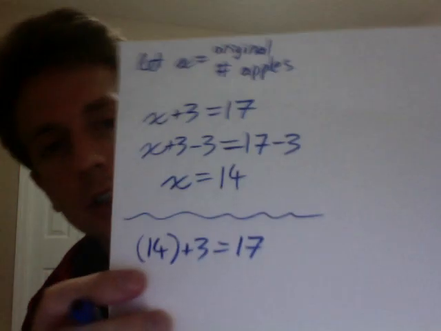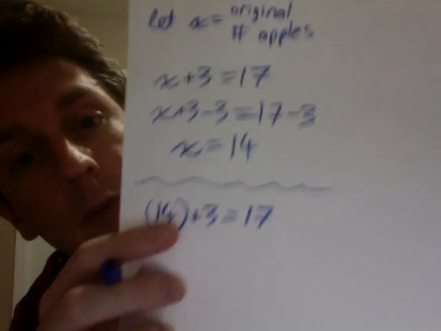The beautiful thing about equations is you can check to see if you are right. I mean, especially as they get more complex, mistakes can happen. And so the way you check your work is simply substitute your answer for x, or whatever variable you have, in for the original variable at the beginning of the equation. So this is what it will look like. I've taken the original equation of x plus 3 equals 17 and I've substituted in 14.